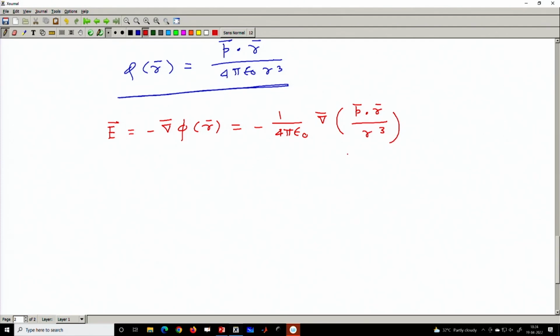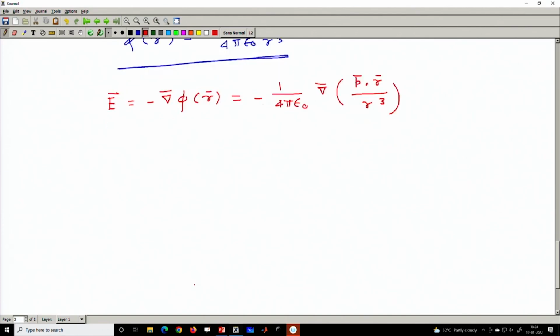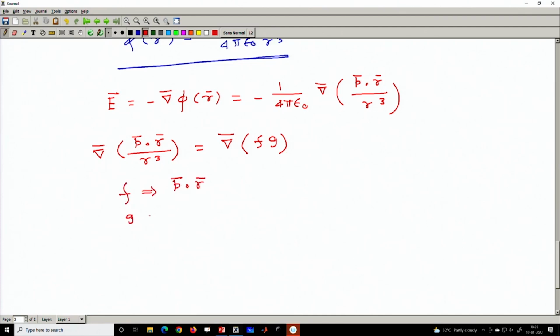Now, this calculation I think I should give you as homework, because this is a vector calculation and it will be a good exercise. I can give you the hint. Whatever term I am having here, p dot r, this is a function of r. So, in principle I am having the gradient of two scalar fields f and g, where f is equivalent to p dot r and g is equivalent to 1 divided by r cube.